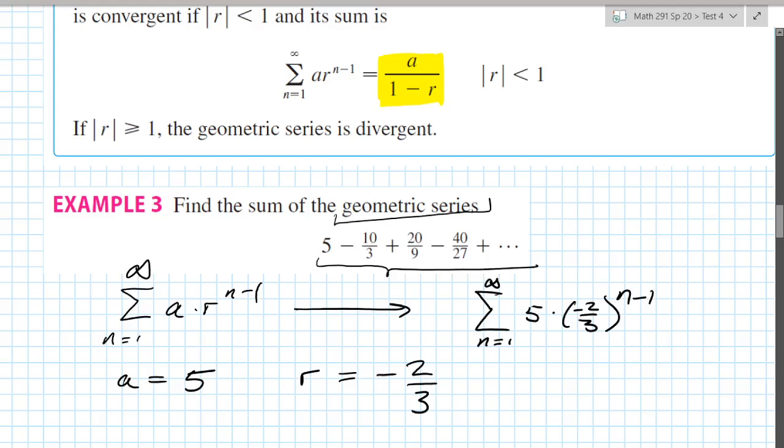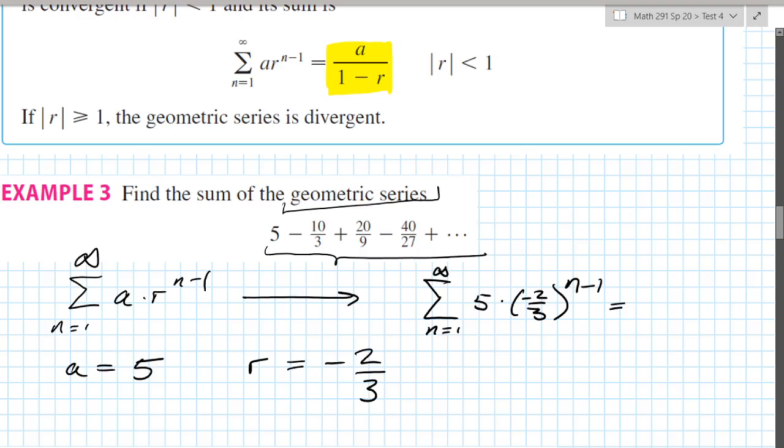Then when n is 2, we take our 5 times negative 2/3, and we get negative 10/3. Then we multiply that by negative 2/3 again. It looks good. So from here, we have a over 1 minus negative 2/3.